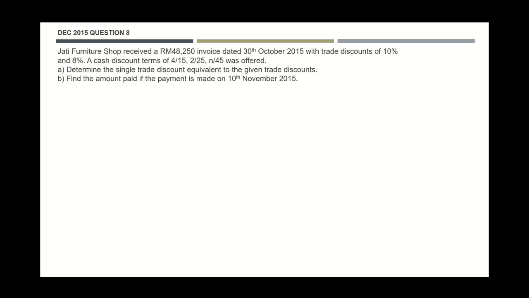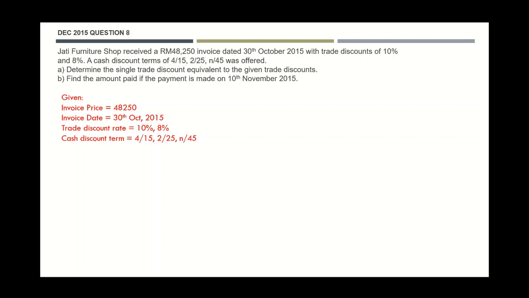So as usual, the first thing that you need to do is to identify the given information. So based on the given question, these are the things that you are given in the question. The first one that you have here is the invoice price, that is 48,250 ringgit.